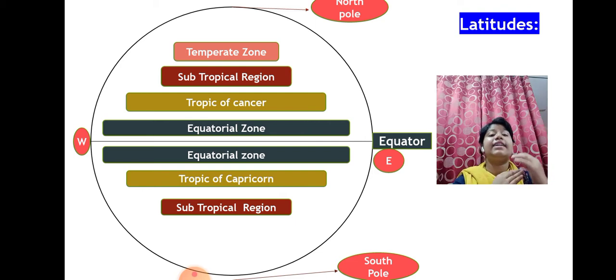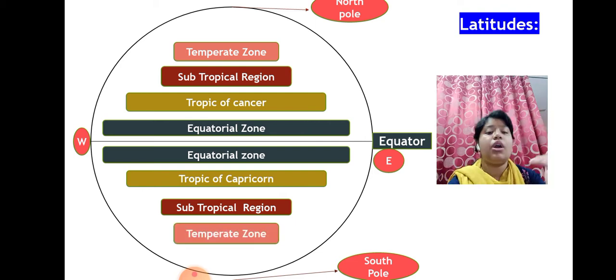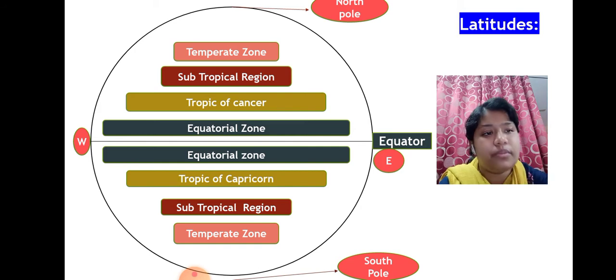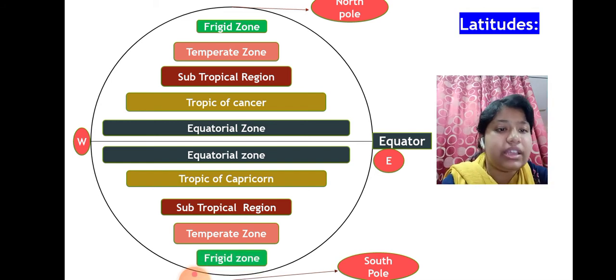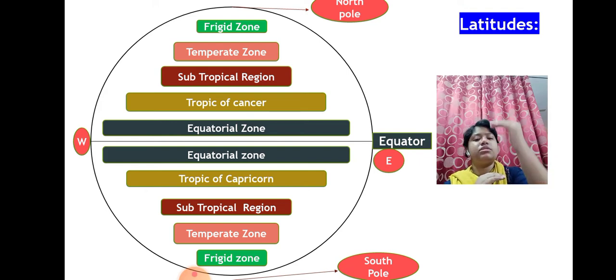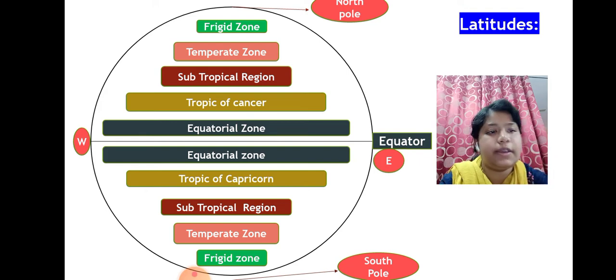Above the subtropical region in the north comes the temperate zone, and below the subtropical region in the south comes the temperate zone. At the topmost part, the North Pole, is the frigid zone, and towards the South Pole it is also the frigid zone. So the earth is divided equally, and all these zones and sectors can be seen.